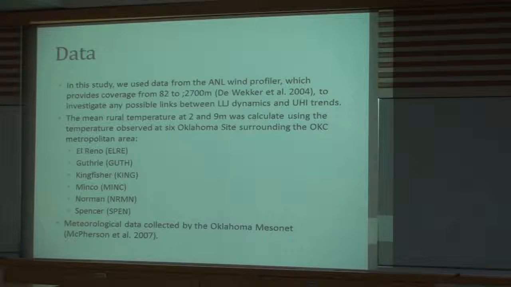In this study, we use the data from the ANL wind profile, which is converted from 82 to 2000 meters, and the mean rural temperatures at 2 and 8 meters are calculated using the temperature observations at 6 Oklahoma sites surrounding Oklahoma City here.